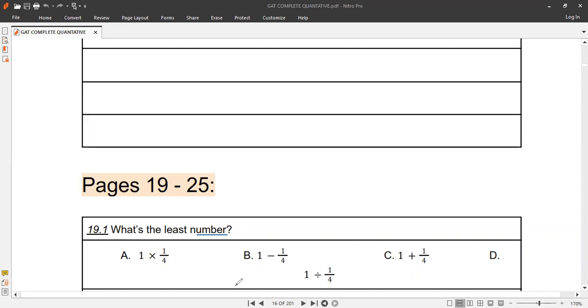I want the least. Now 1 minus 1 over 4 mentally, because 1 over 4 is quarter, 3 over 4. 1 multiply 1 over 4 is the same 1 over 4, which is quarter. Here we have 3 quarters. 1 plus 1 over 4.